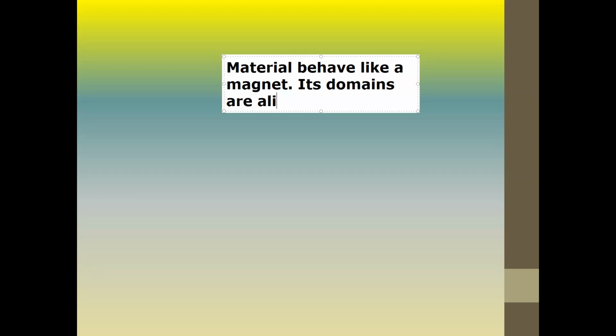So when a material is behaving like a magnet, what does it mean? It means its domains are aligned or arranged.